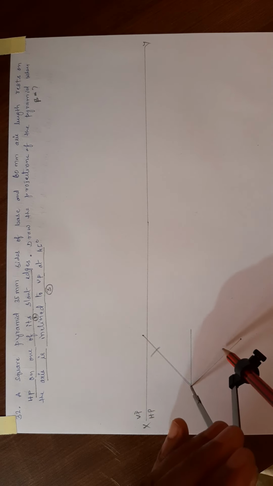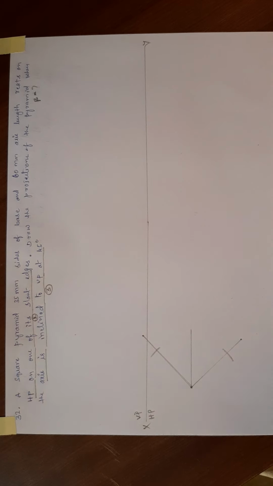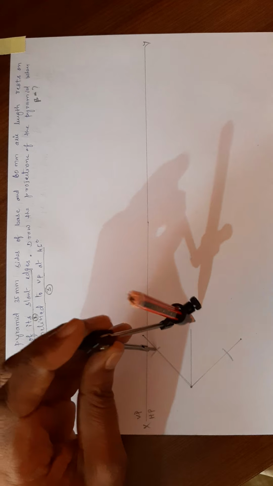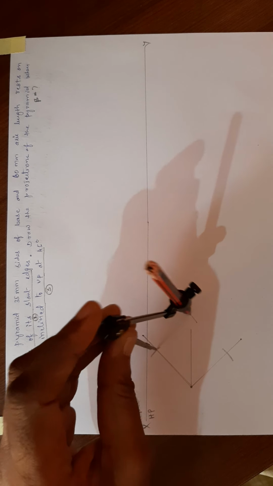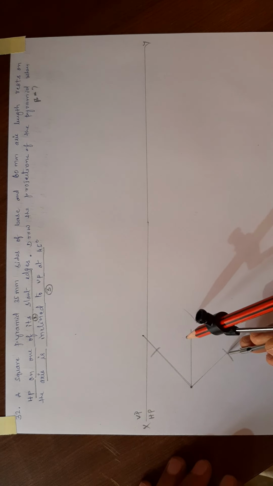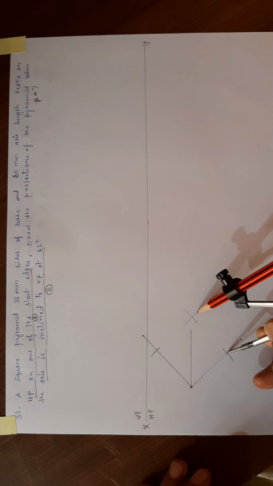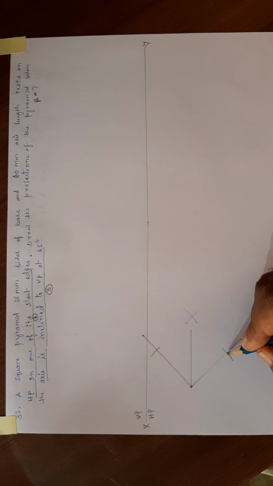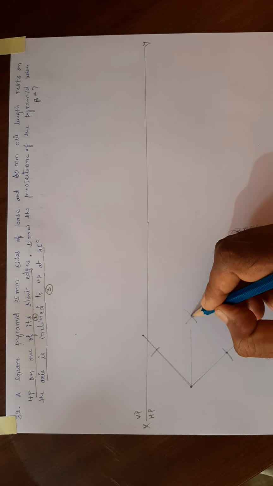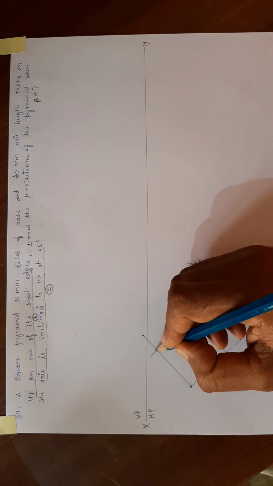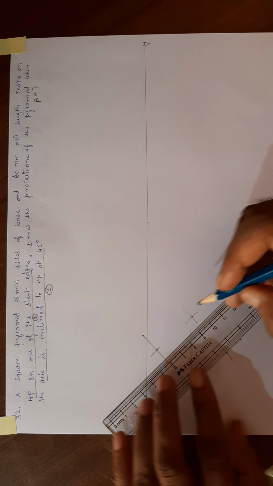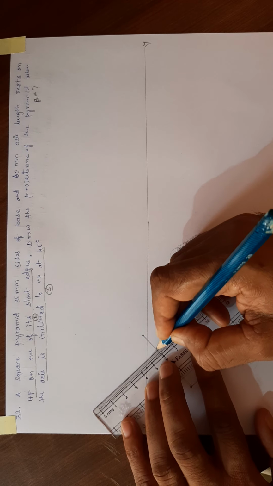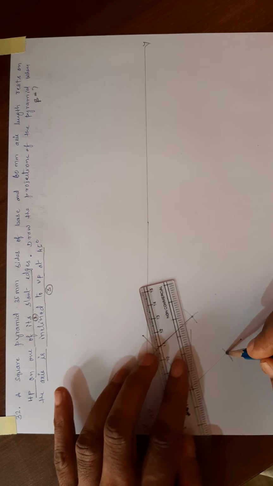Similarly, keeping the compass at this point, cut these two lines and cut the previous arc, and you will get 4 points. Join all those 4 points with a thick line.